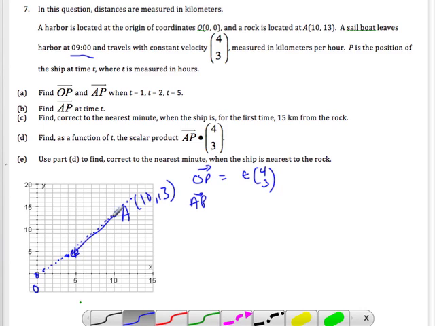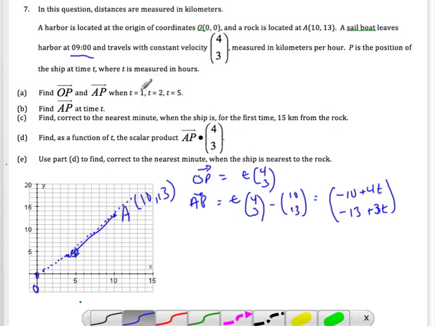I go head minus tail, so I take P, which is (4t, 3t), minus A, which is (10, 13). And so my vector AP, if I put it together, is (-10 + 4t, -13 + 3t). That's vector AP.